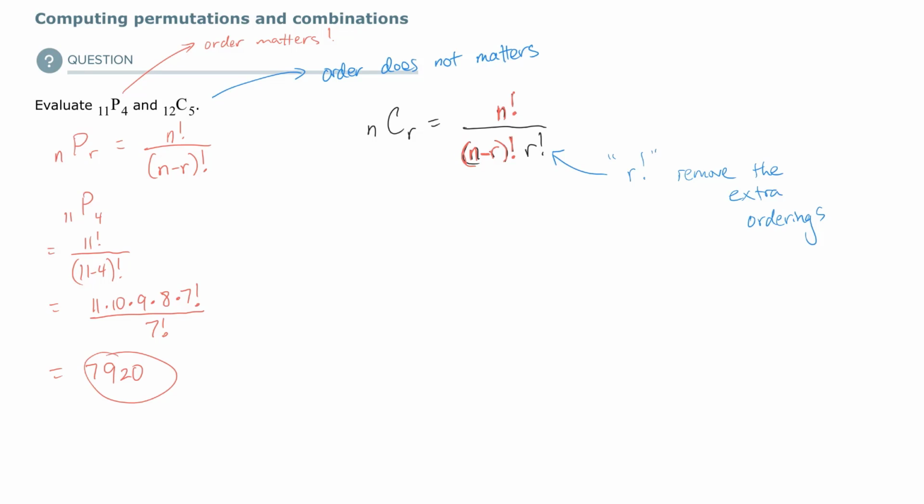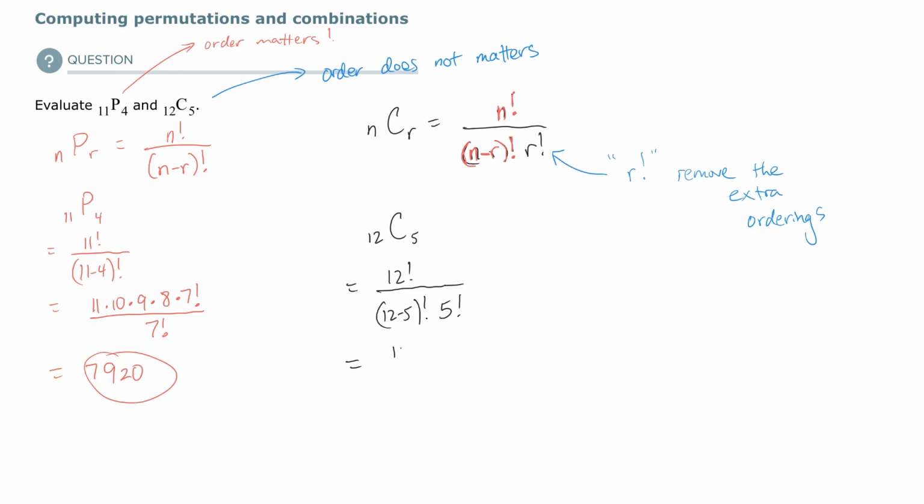All right, let's compute our expression. Notice you're not solving anything. You're simply simplifying this expression of 12 choose 5. 12 choose 5 is now 12 factorial over 12 minus 5 in parentheses factorial times 5 factorial.